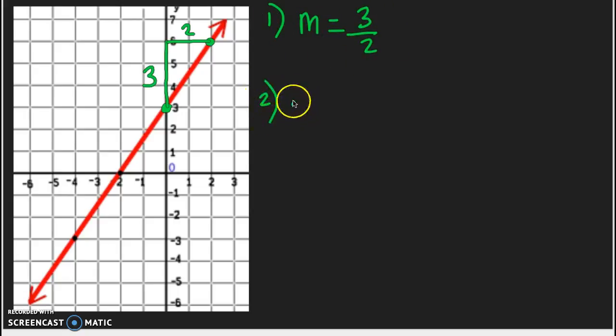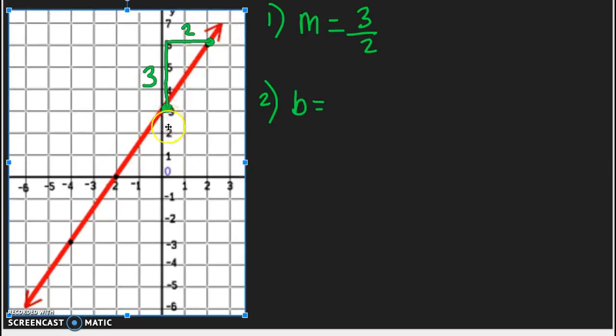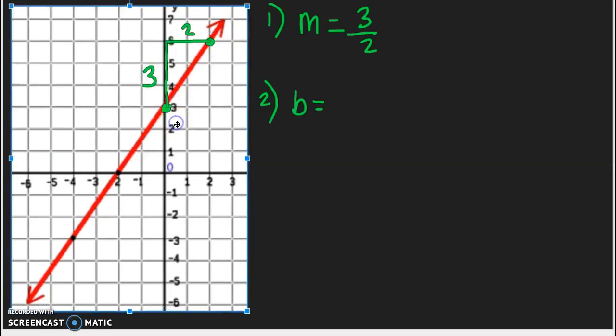Okay. Second, where does it cross the y-axis? So I'm going to look at my red line here. It crosses my y-axis right here. Whoops. Didn't mean to move that. Right here at 3. So my y-intercept is 3. So then all I have to do is plug these two numbers into this form, y equals mx plus b.